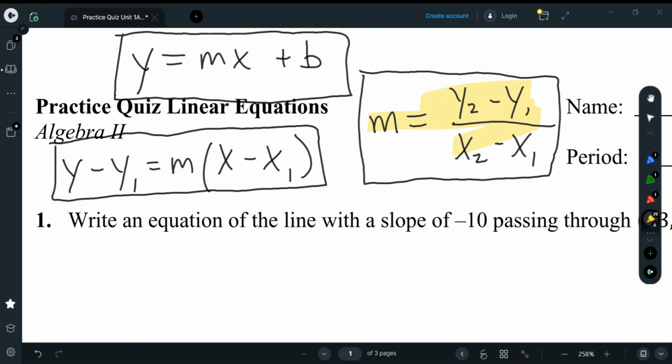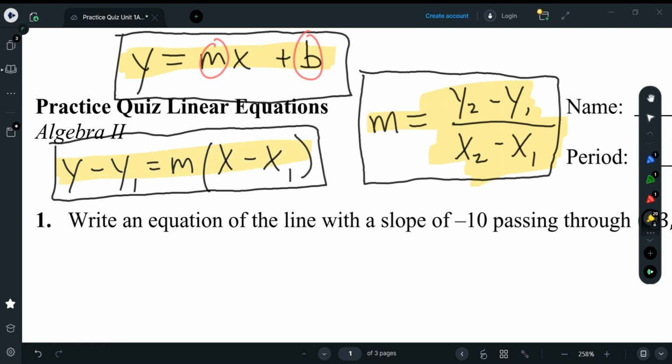This is the slope formula, how you calculate the slope. And then we've got two equations of a line. This one here is the slope-intercept form of a line. And just as a reminder, to write the equation, you plug in the m and you plug in the b. And then lastly here, we've got our second version of a linear equation, which is point slope form.